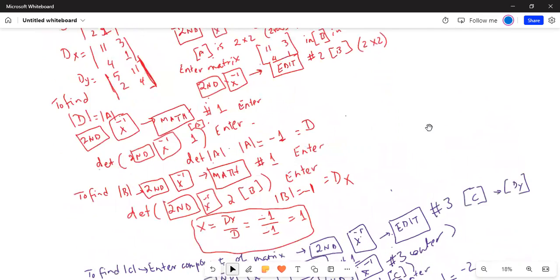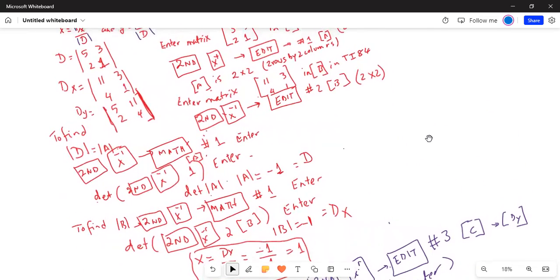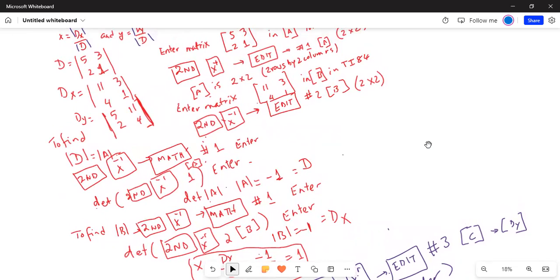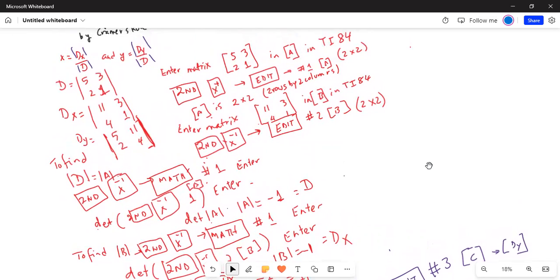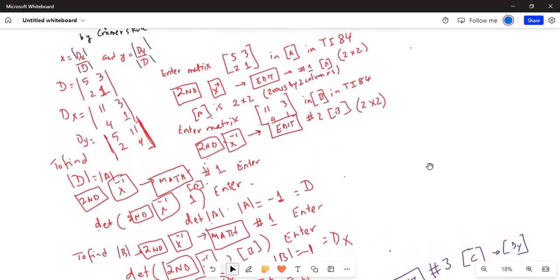So to find Dy, replace the coefficients of y in the two equations by the constant terms 11 and 4. The corresponding matrix will be 5, 2, and 11, 4, with 11 and 4 coming from replacing the coefficients of y by the constant terms.